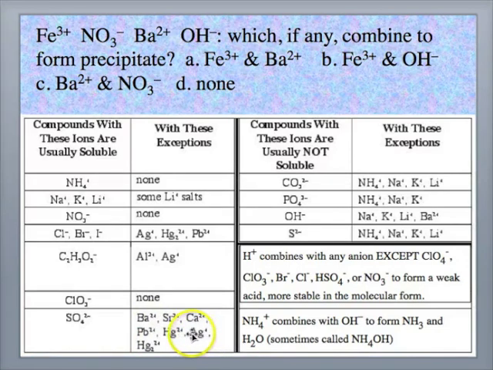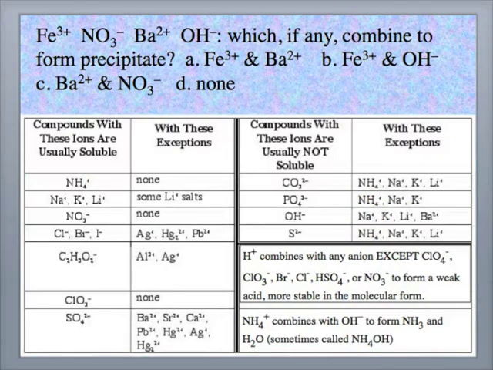Those sulfates are not soluble. Also, on this side of the table, we have compounds that are usually not soluble if they contain carbonate, phosphate, hydroxide, or sulfide. Such compounds containing these ions are generally not soluble, and the exceptions are right here: ammonium, sodium, potassium, like that.